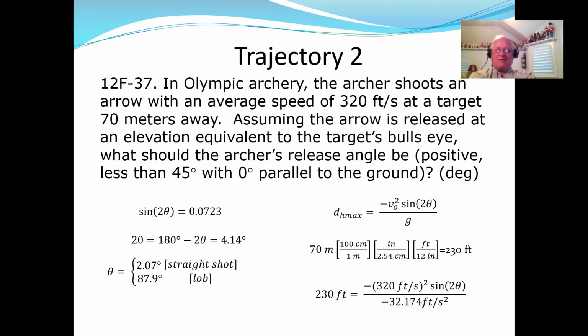There are two angles that will give you the same distance. Obviously, the maximum vertical height of the object is much different for a scud and a lob, but the horizontal distance would be the same.